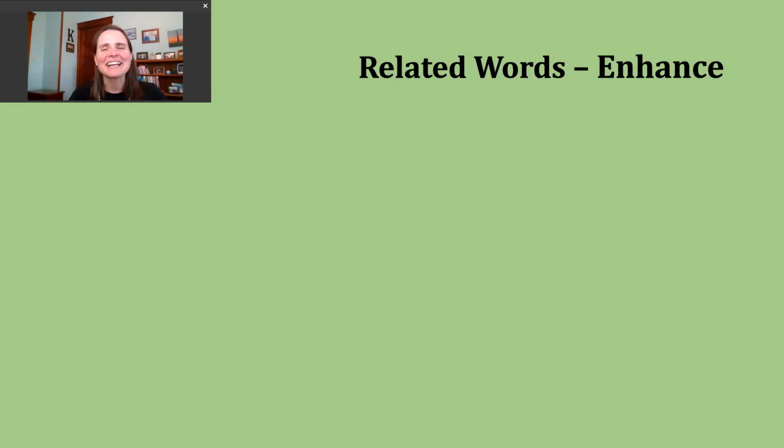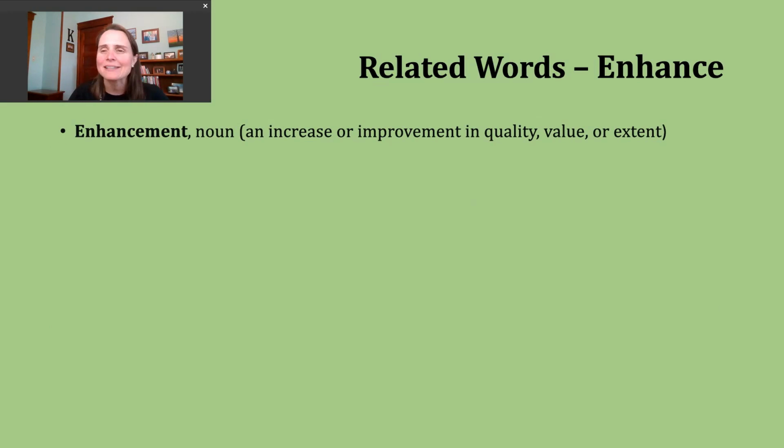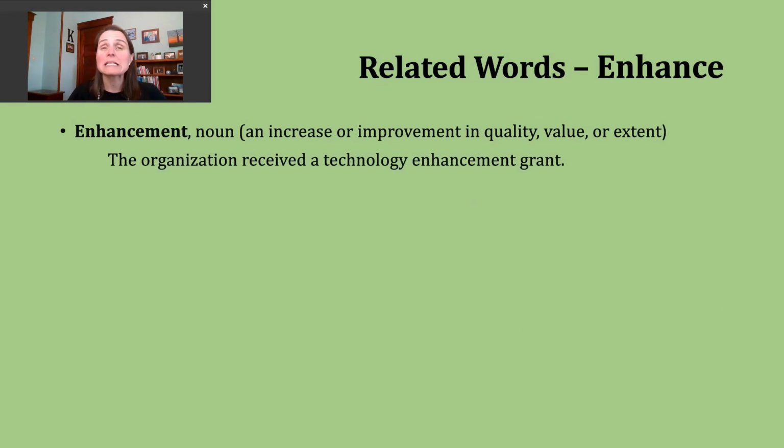Now, let's move on and talk about some words that are related to our verb enhance. And the first word we're going to discuss now is the noun form of this word. The noun we pronounce enhancement. So when we use this word as a noun, we're really referring to that increase in quality, value, or extent, or the improvement in quality, or the value of something.